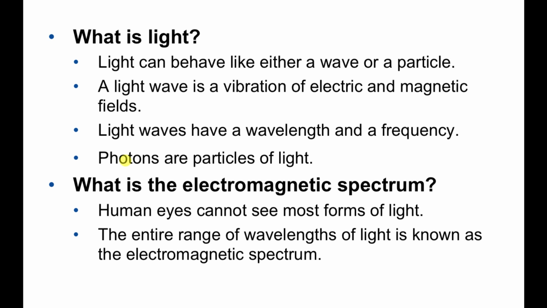And then with the electromagnetic spectrum, our eyes cannot see much of it, only the visible part, which is a very, very small part of all the different types of electromagnetic energy, electromagnetic waves that are out there, light waves in general. And so the visible part that we can see is very, very small. We need other cameras, telescopes, and so on to see everything else. So that's all for this part.